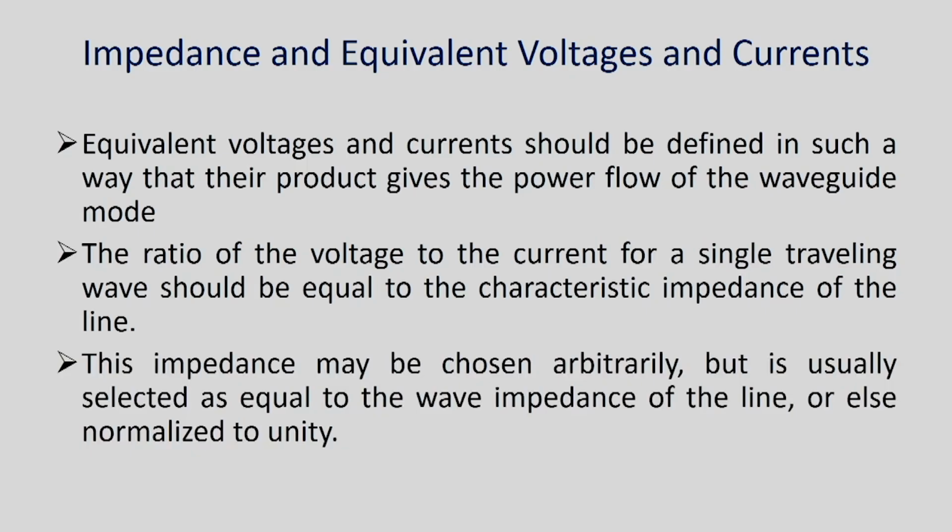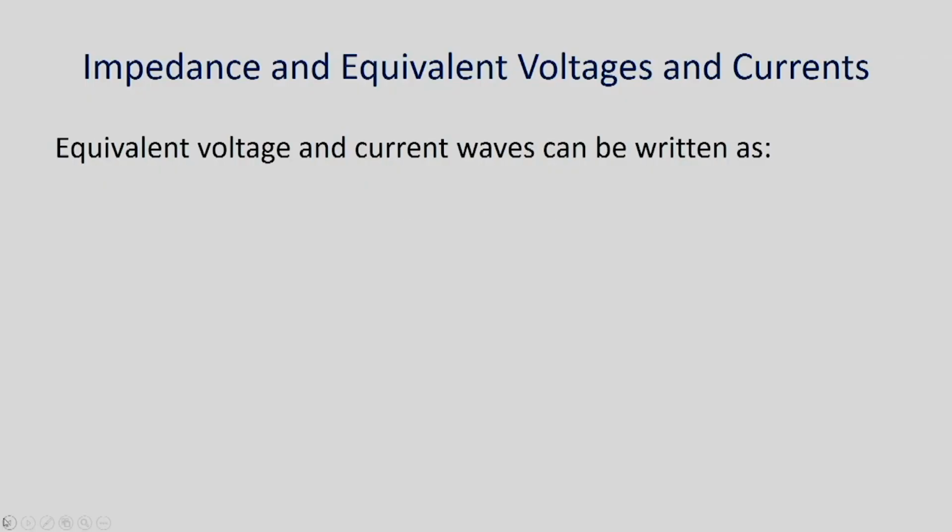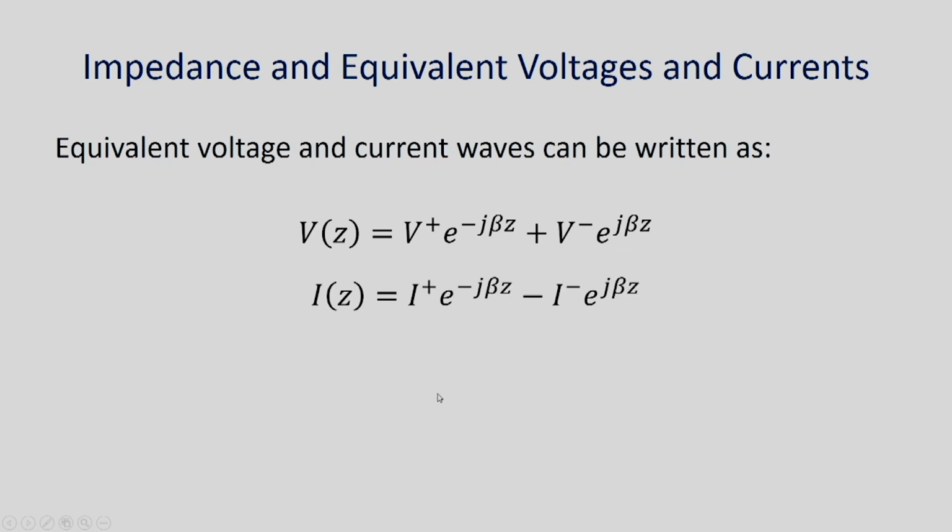Now, impedance may be chosen arbitrarily, but usually selected as equal to the wave impedance of the line. Sometimes Z0 is set equal to ZW, or else it is normalized to unity. So, the equivalent voltage and current waves can be written as V(z) equal to V plus e to the power minus j beta z plus V minus e to the power j beta z, and I(z) can be written as I plus e to the power minus j beta z minus I minus e to the power j beta z.